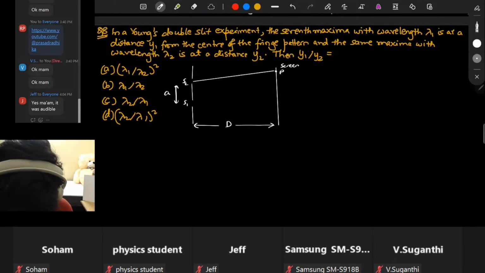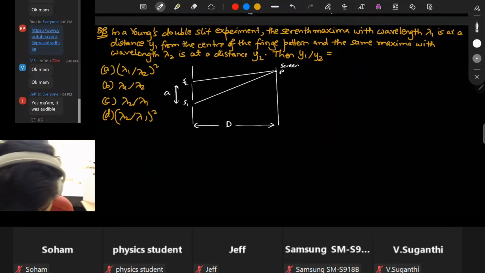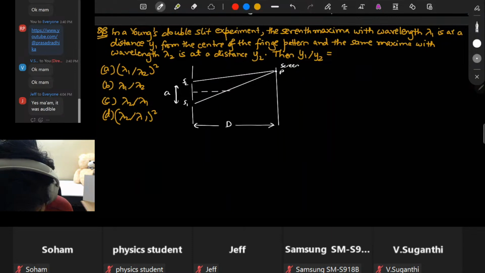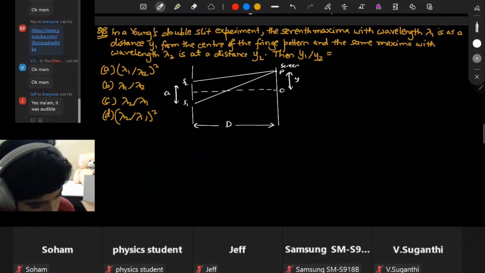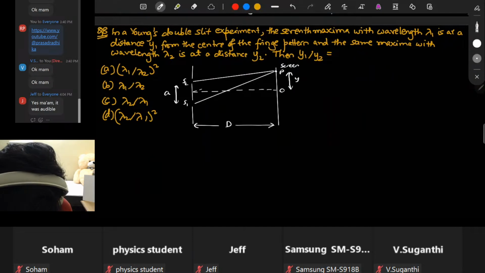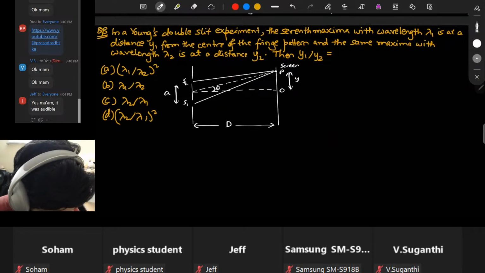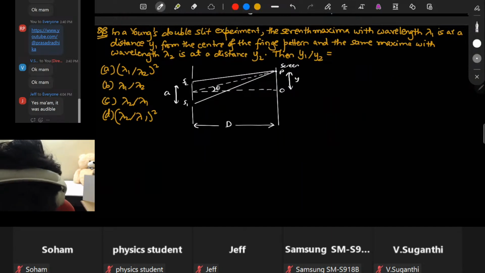And this is how the rays will go from S1 and S2 to P. And this is the center, O. And this OP is Y, the position on the screen. And the angle from the center to P is theta. Then we can find the path difference between S1P and S2P by drawing a perpendicular from S2 onto S1.